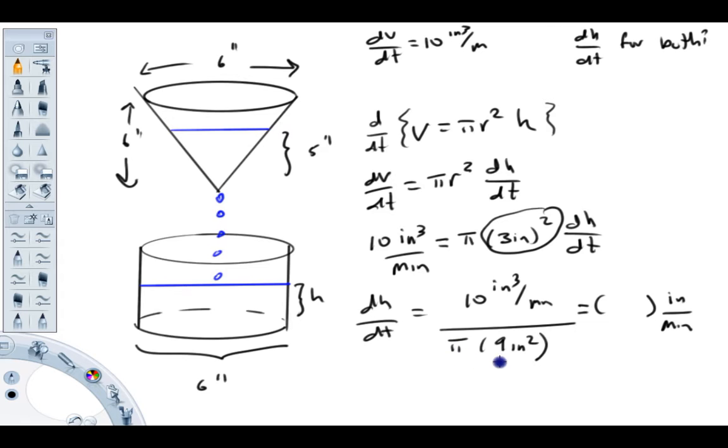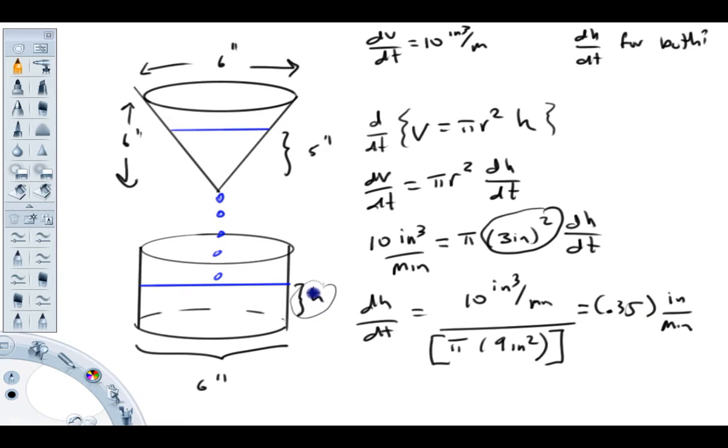You need to make sure you use parentheses here: when you put this in your calculator, put brackets around that. 0.35, great. So about 0.35 inches per minute. That's how fast this height is moving up.